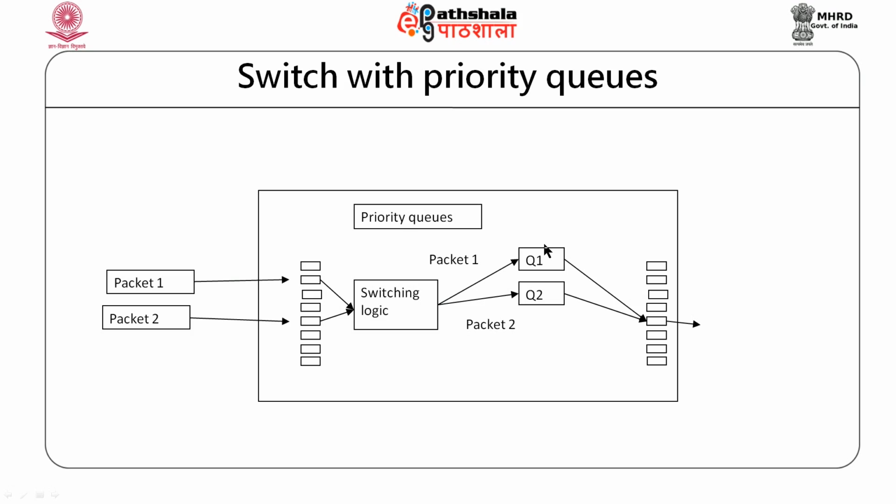Okay. So, you will give higher priority to the traffic that you want. You can define different queues and you can provide different priority to that traffic. So, that is the power of this mechanism.